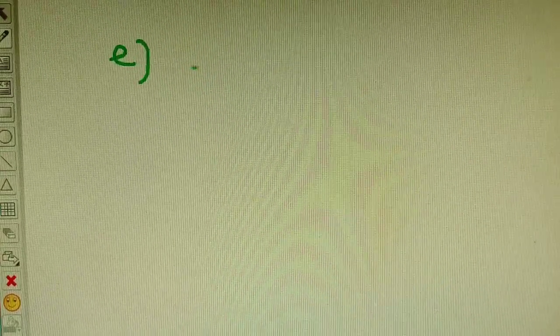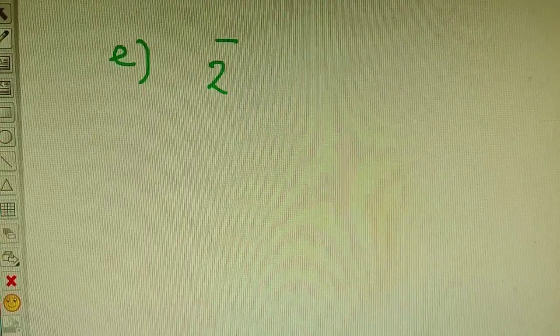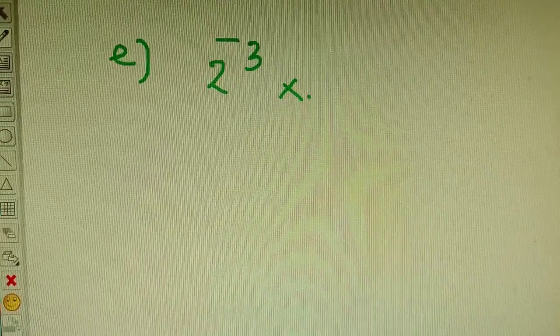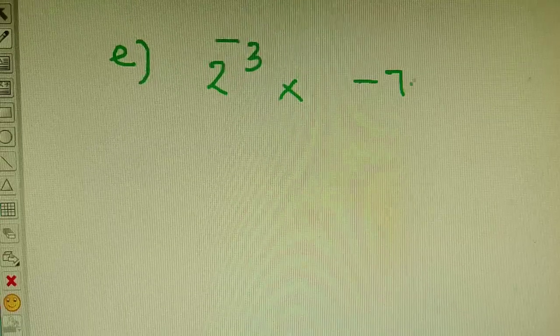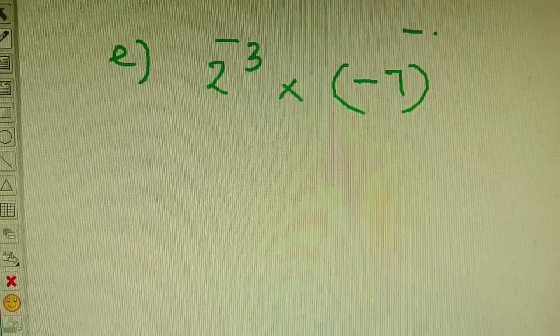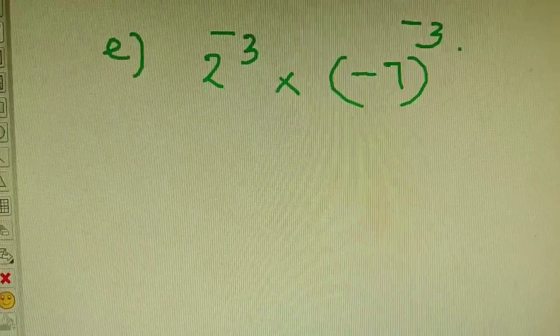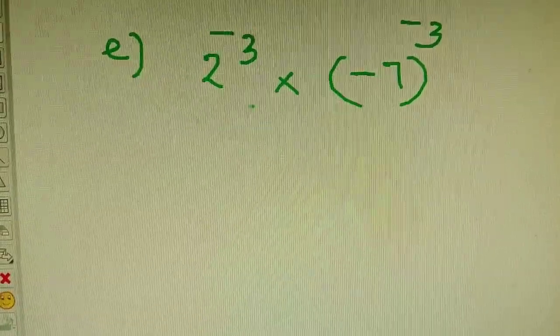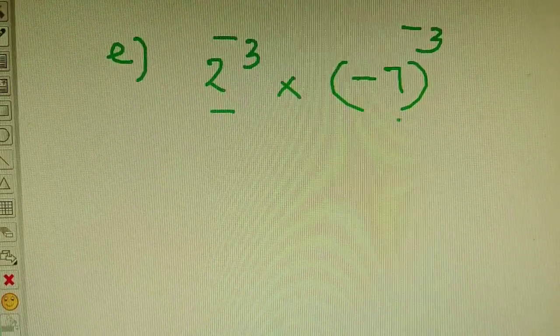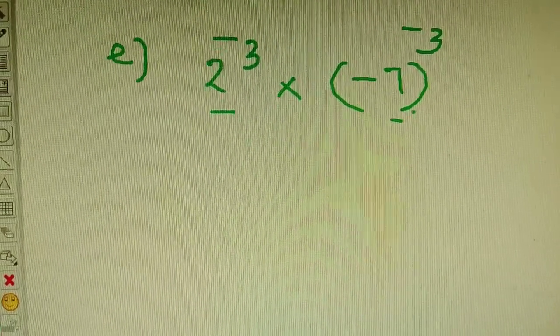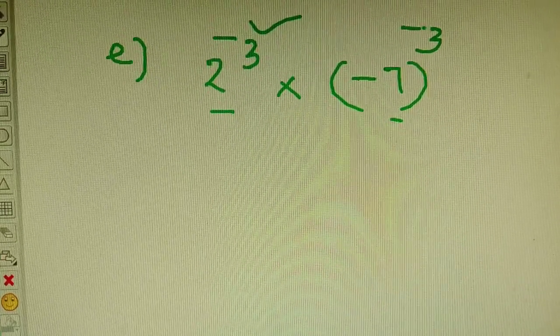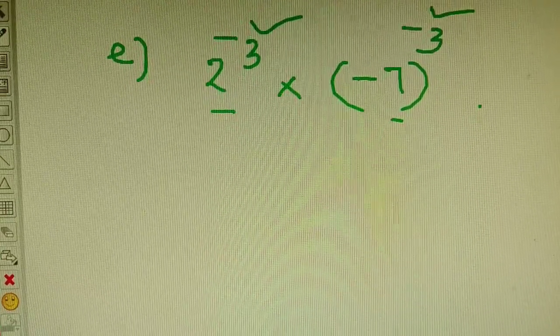Okay, now the next question, that is fifth one. 2 to the power of negative 3 into negative 7 to the power of negative 3. Okay, here you listen. Here the bases are different. 2 and negative 7 are different bases, but the powers are same, negative 3.